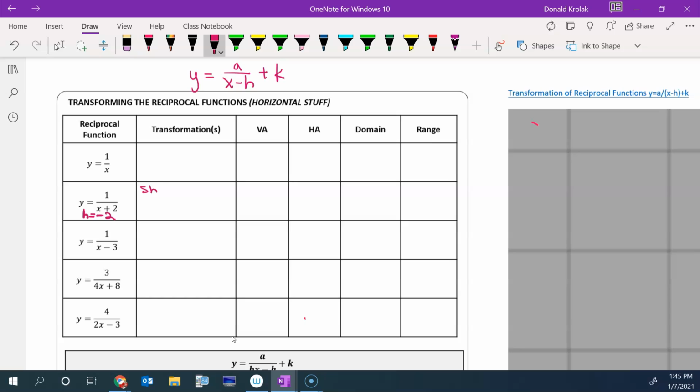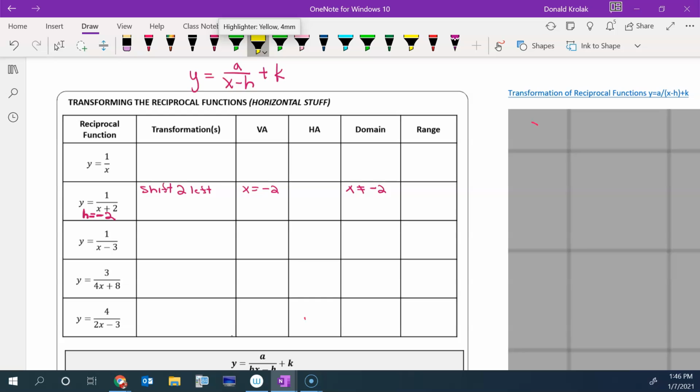All right, so this guy's going to shift 2 to the left. So that means the vertical asymptote is going to move. So now this is going to be x equals -2. And my domain now is x cannot be -2.